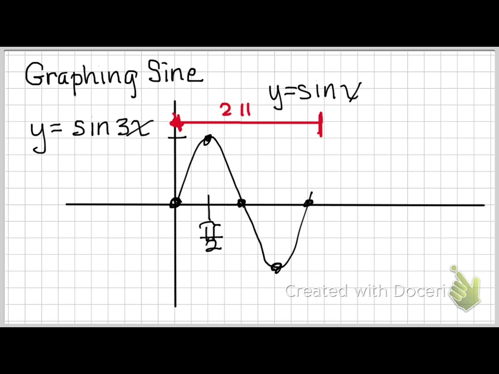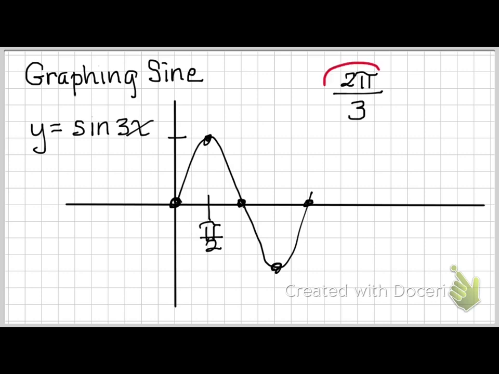Now, whenever there is a variation at this spot in the graph, right here, where that 3 is, we're going to get a new cycle. And the way that we calculate that is simply to say that the new cycle is 2 pi, always 2 pi, divided by whatever that number is.